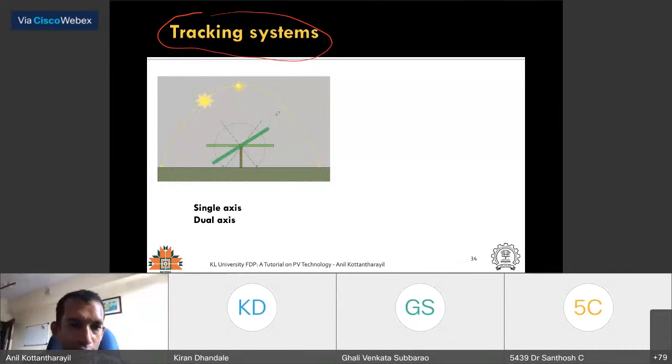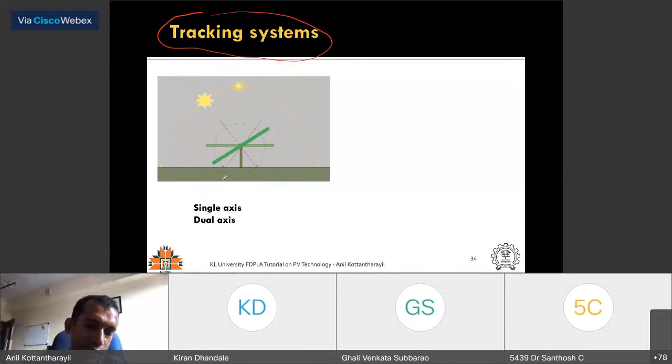Suppose the sun is here, you would rotate this. There is some mechanism that will detect it: a sensor that detects the orientation of the sun, and then some motors that would be activated to rotate the photovoltaic panel. So this is called tracking. Okay, it's tracking the sun.